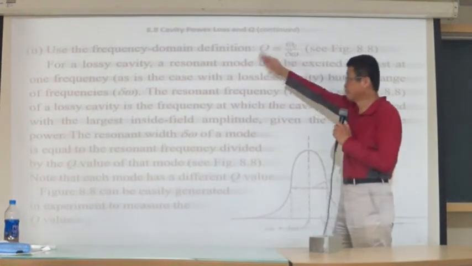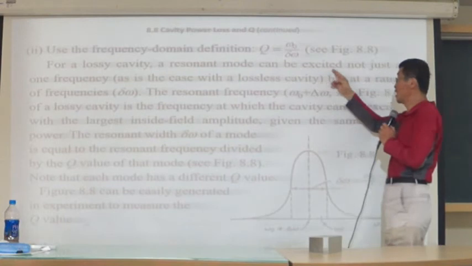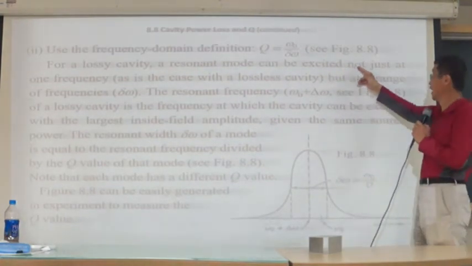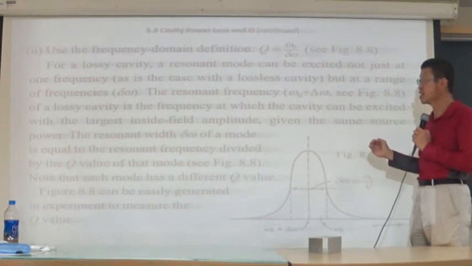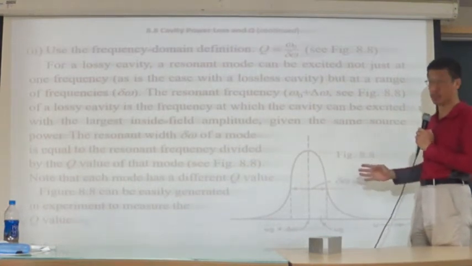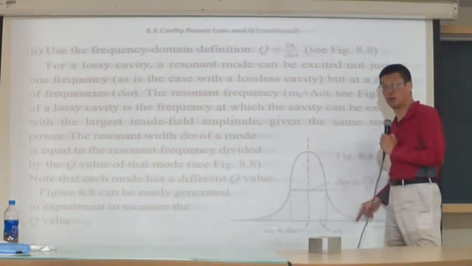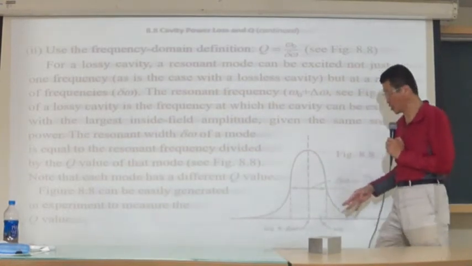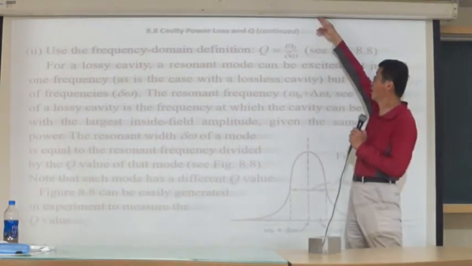Okay, for a lossy cavity, a resonance mode can be excited not just at one frequency, but at multiple frequencies. With multiple frequencies, you have a distribution. Unlike the ideal case, if there is no loss, the quality factor will be extremely large.